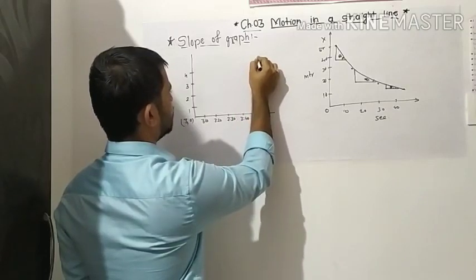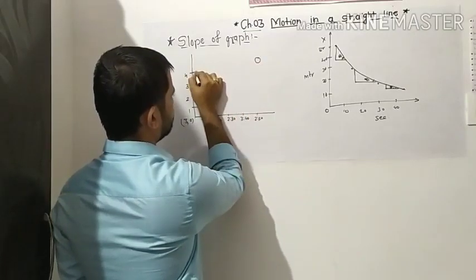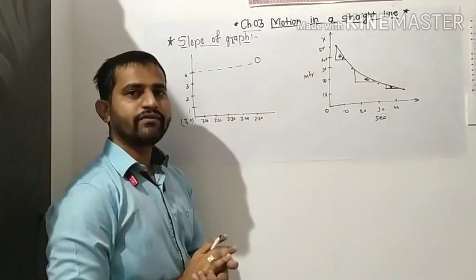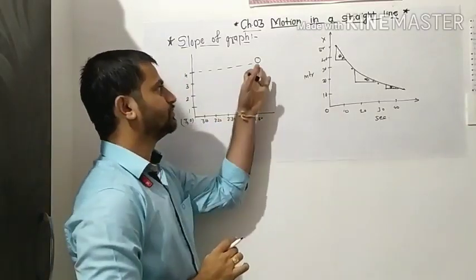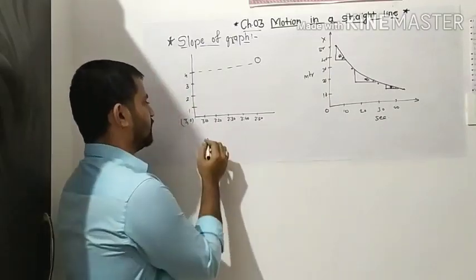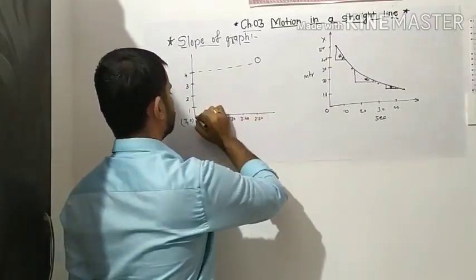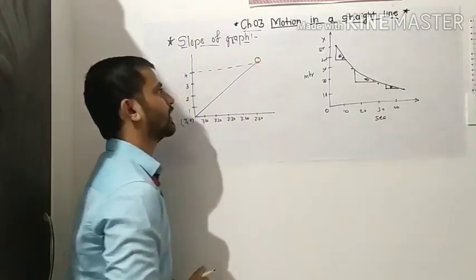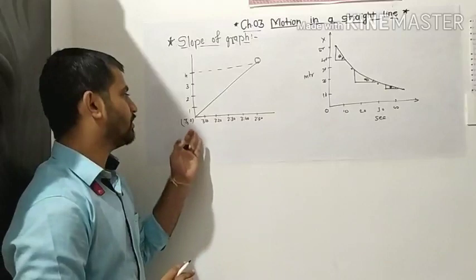Then the one student left the school at 3 p.m. and reached this point, suppose here.